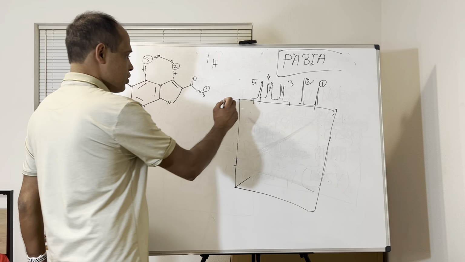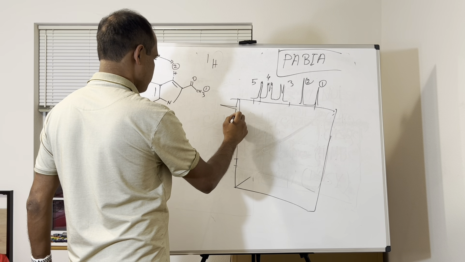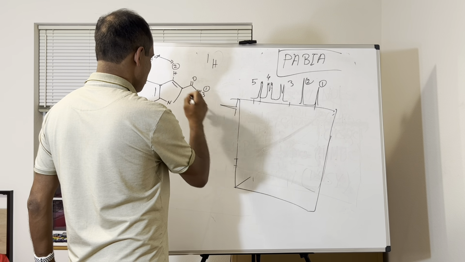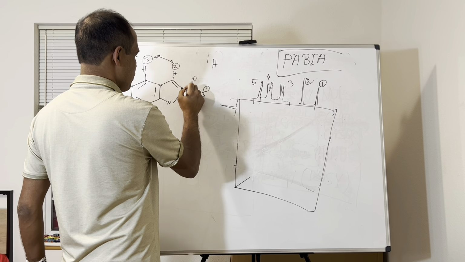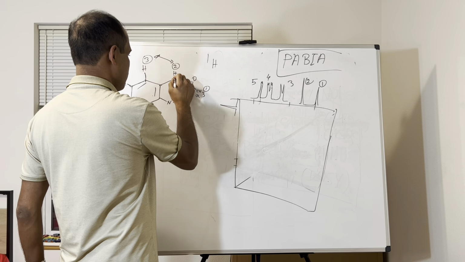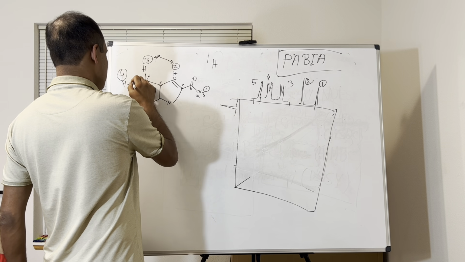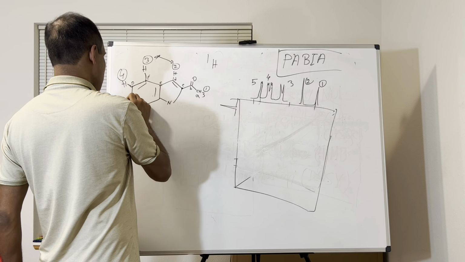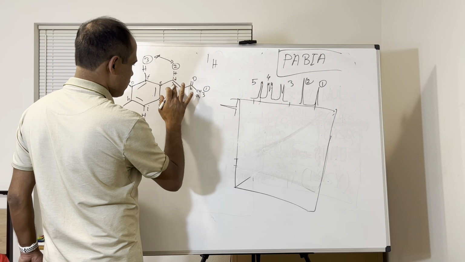Okay, so if you take the carbon NMR, there are carbons, suppose A, B, C, D, E, F, G, H, I, J. This is a double bonded carbon.